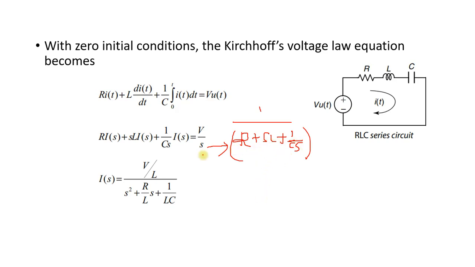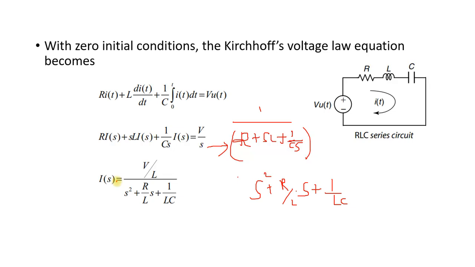Now you take L outside, so that it is equivalent to s square plus R by L into s. In the third term the s should be cancelled, and taking L outside, this is 1 by LC. So this is the resultant equation, which is written here. Therefore this is the final expression.